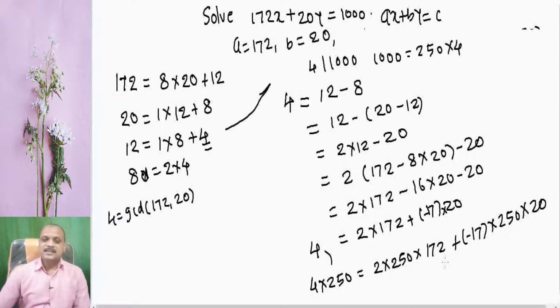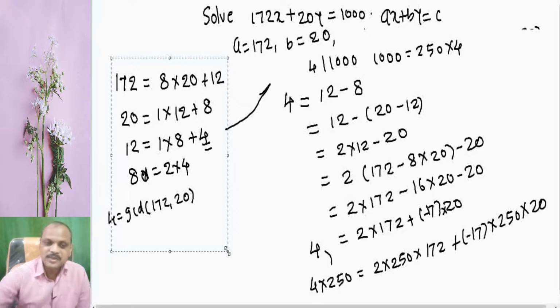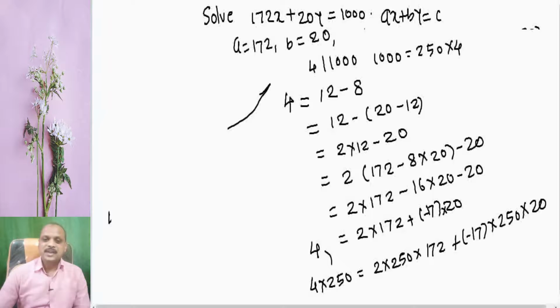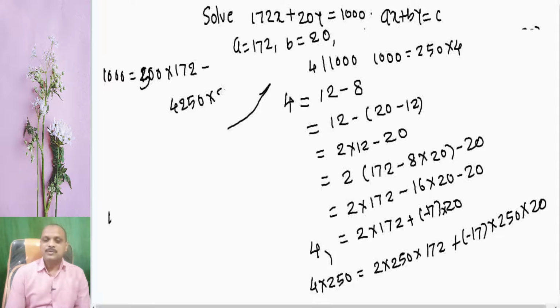You can see that 4 into 250 is 1000, and we have 1000 equal to 500 into 172 minus 4250 into 20.